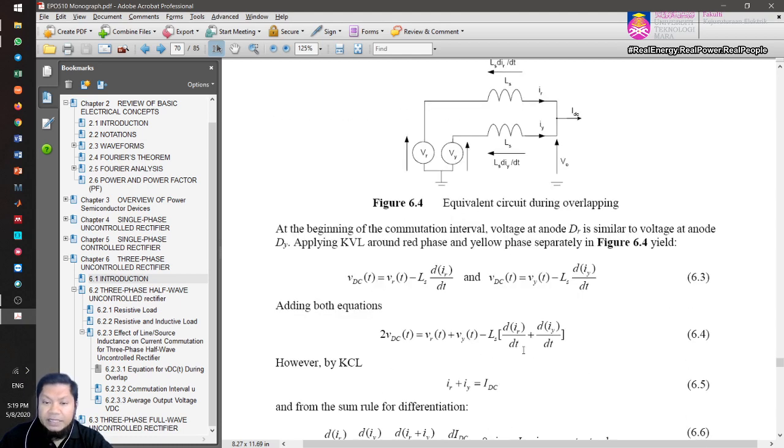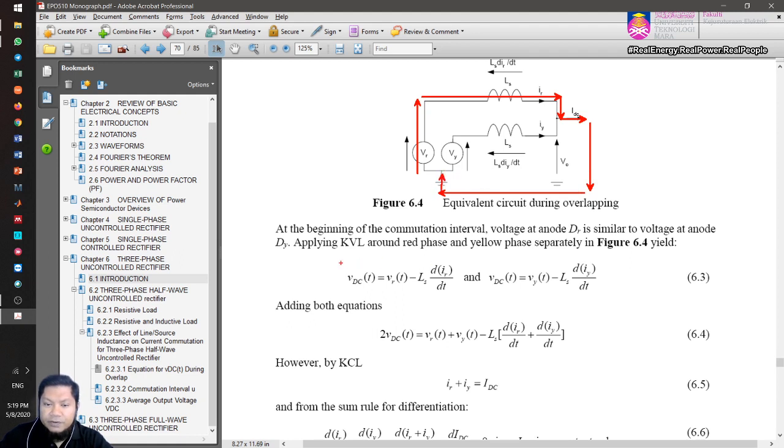Now we're going to apply KVL across the outer loop, VDC, VR. You follow the red phase voltage path, and come back to this point.